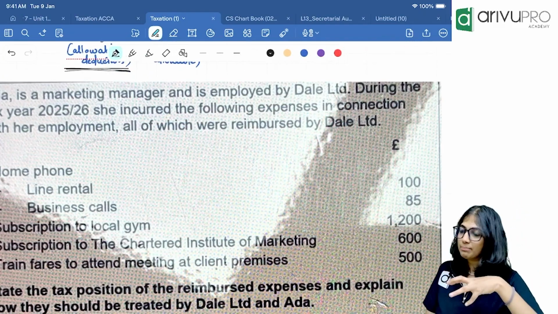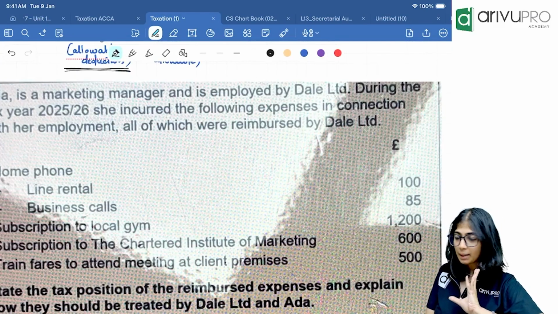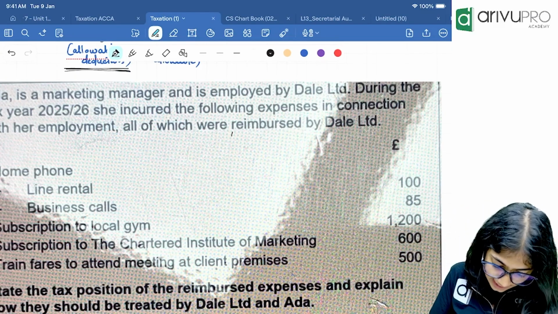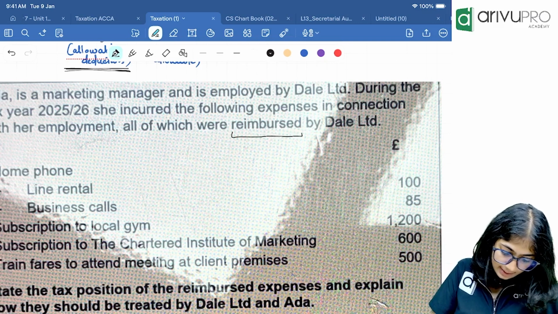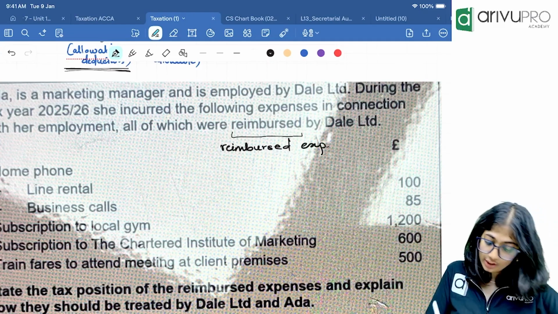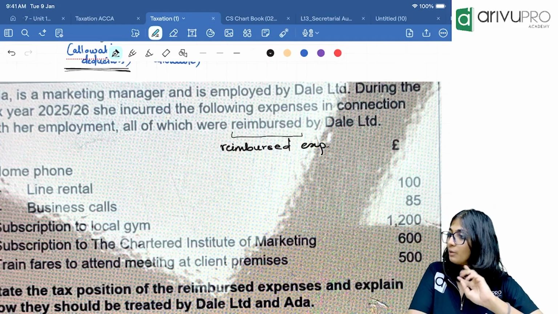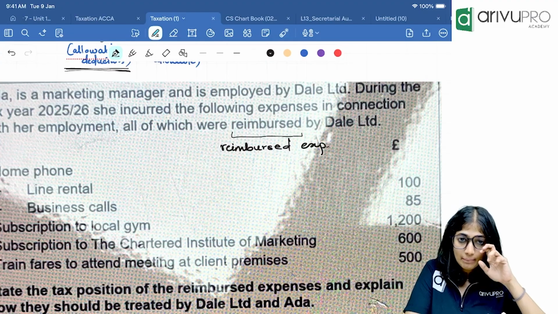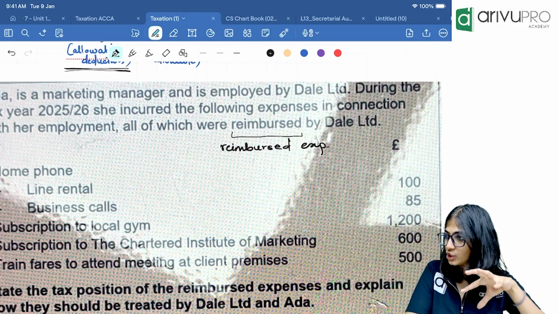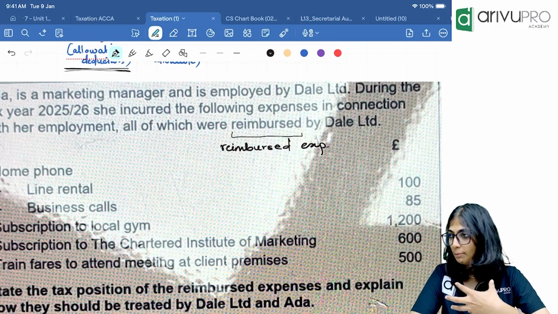It's already reimbursed, which means your employer had already paid the amount. You cannot reverse the reimbursement. You just have to see which one is related to employment that you can claim deduction on, and which one is for your own personal purposes.